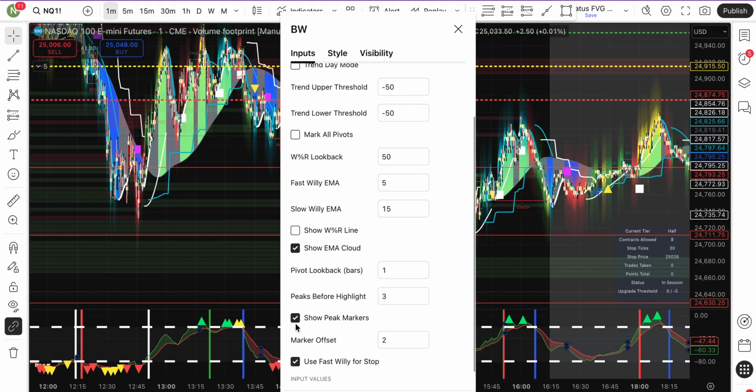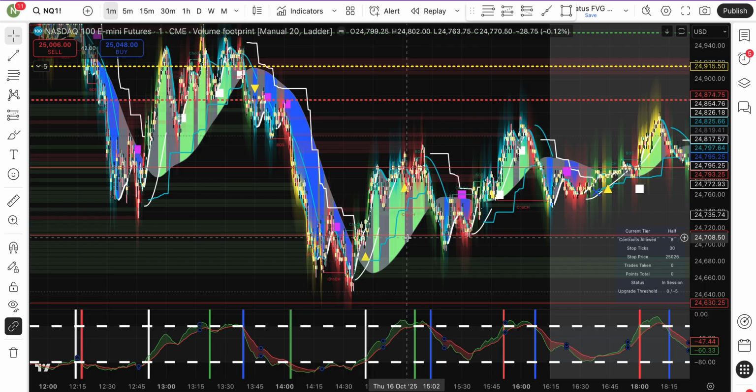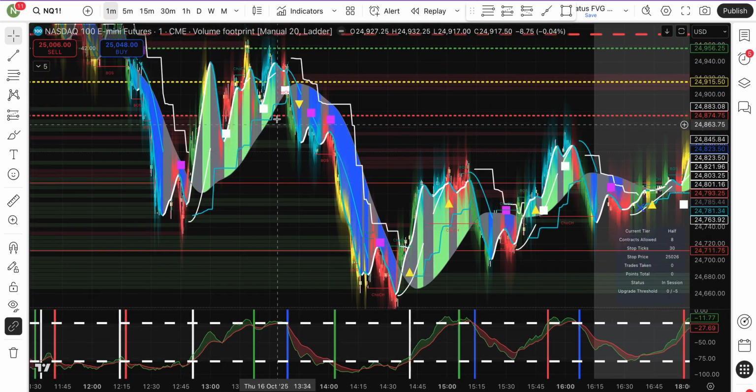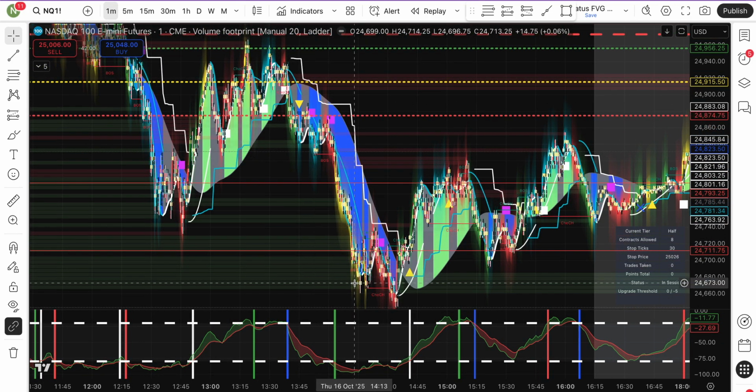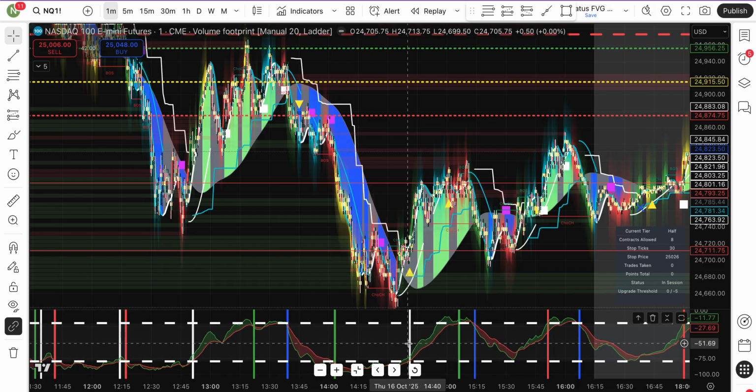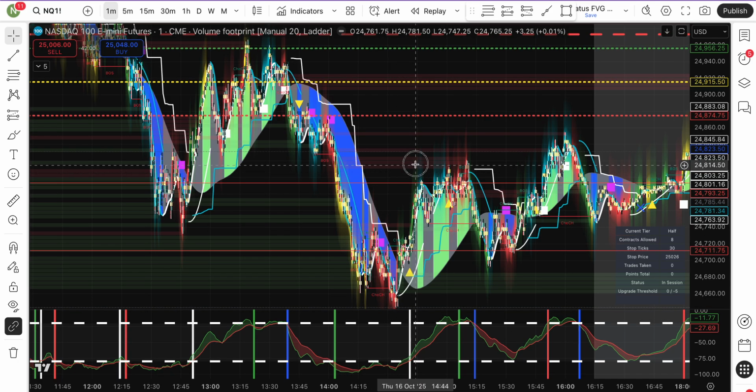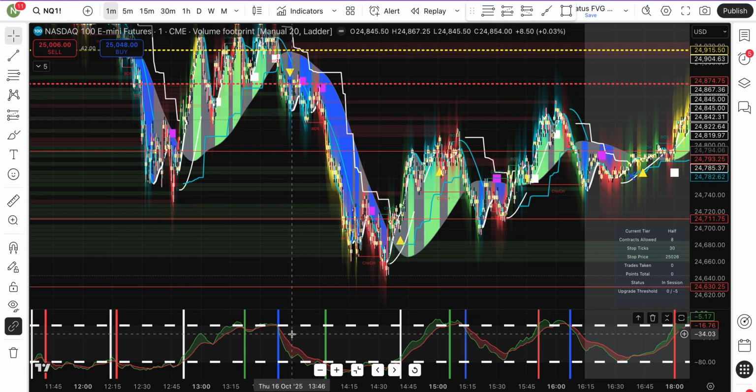So, I'll reiterate once more, the three things that you want to see are: play off of one of those magnet levels, you want to see it give you the right glow, and you want to see the BW tell you that you've got room to go. You're not already in a lower extreme trying to take a sell. You're not in the upper extreme trying to take a buy. And that is how we use the BW Momentum Oscillator.